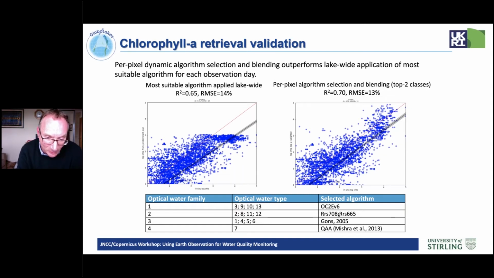The next one, optical water type family 2, which includes optical water types 2, 8, 11, and 12, for example, are more productive waters with increasing chlorophyll and increasing color dissolved organic matter. And 3 were similar, but increasing chlorophyll and increasing total suspended matter, and 7 was really very highly productive waters.